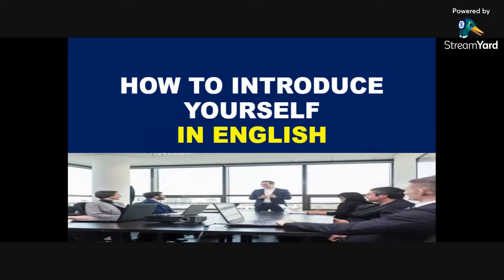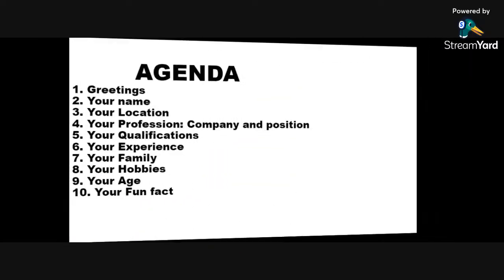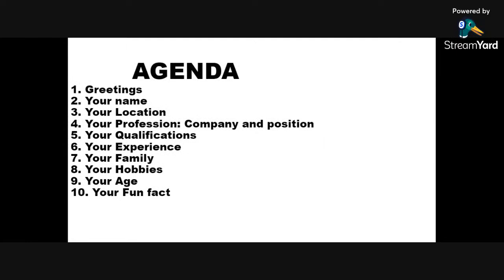Now, having said that, let's dive into the lesson by first looking at the agenda for today's lesson. We have 10 items which make up the key things that might be necessary in self-introduction. So we have greetings.